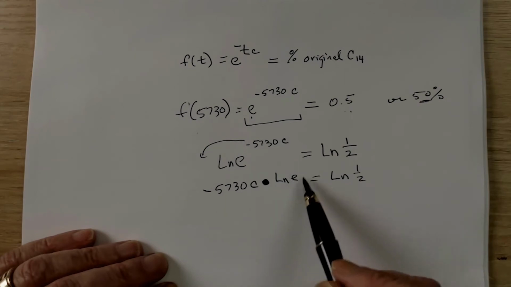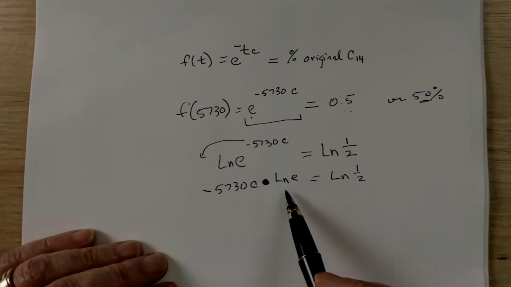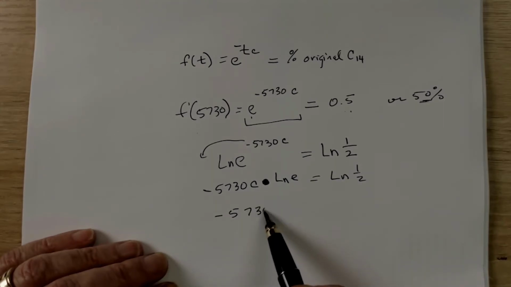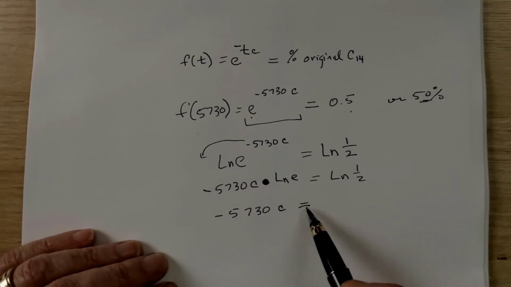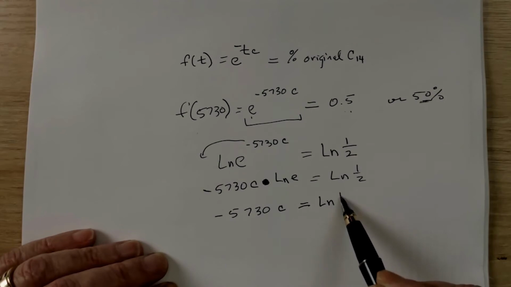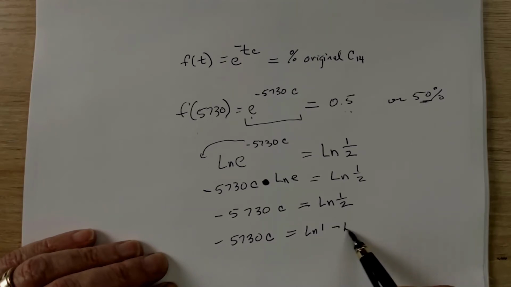Recall that the log of a number taken to the log of that same number equals 1. We can rewrite this as negative 5,730c times 1 equals the natural log of 1/2. Now we can make one more change to this. So we've got negative 5,730c equals the natural log of 1 minus the natural log of 2.